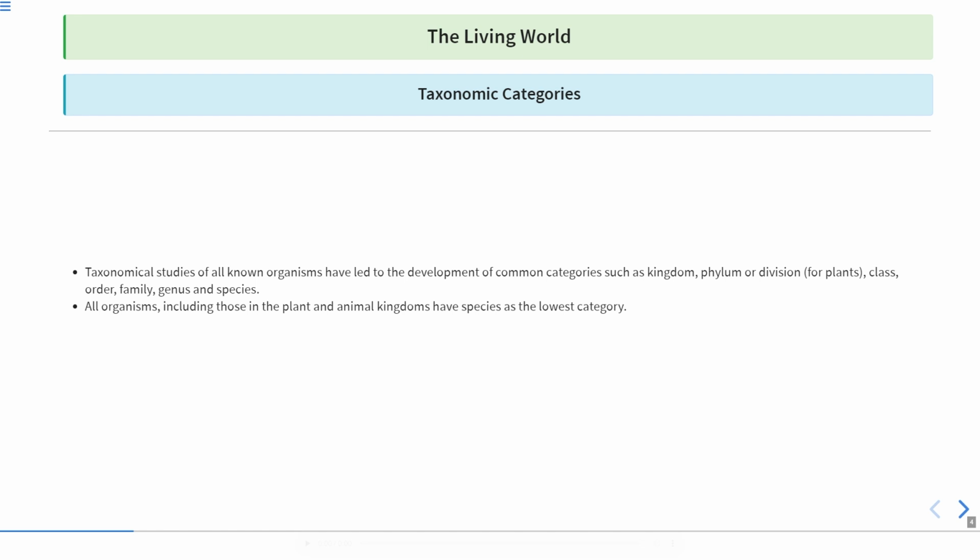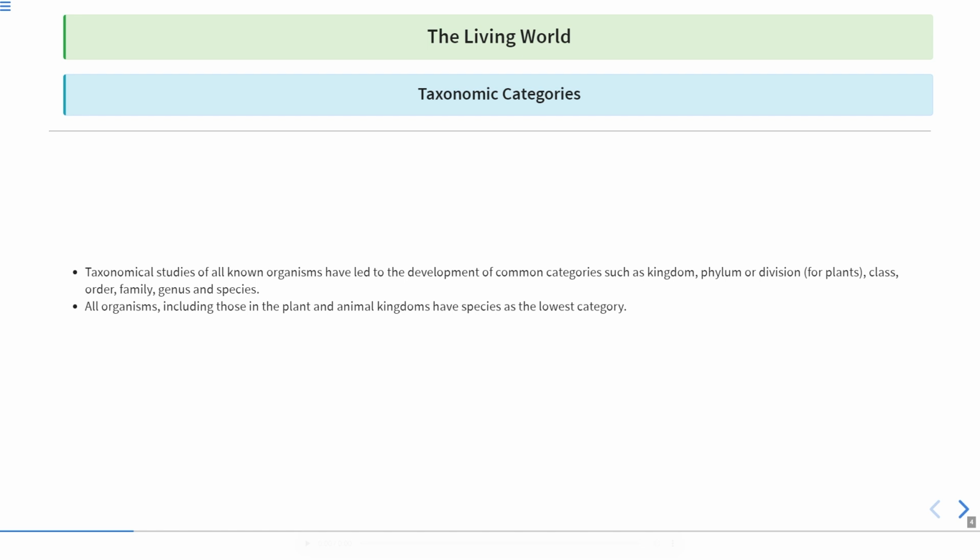Our study is based on taxonomy, and all known organisms till date, about 1.7 to 1.8 million, have led to the development of categories. So many organisms, and on the basis of their taxonomical studies, we have made some categories.